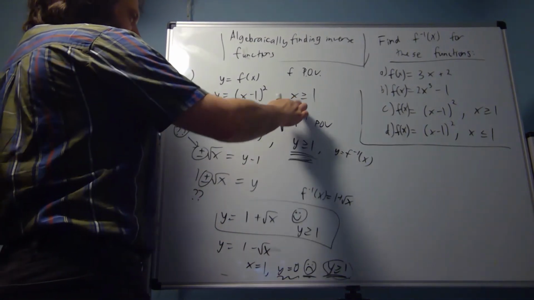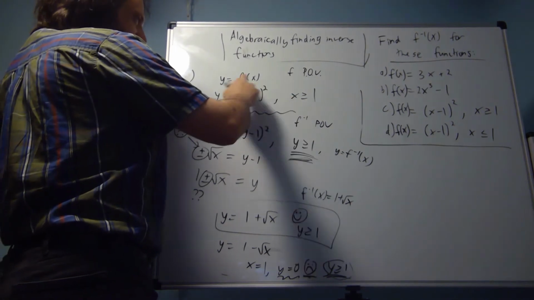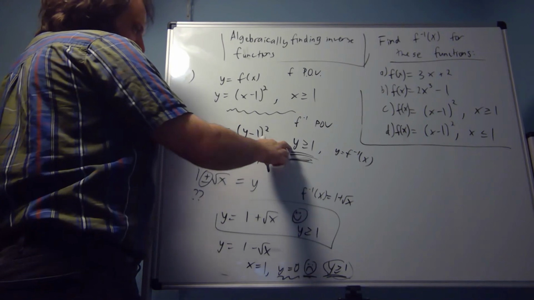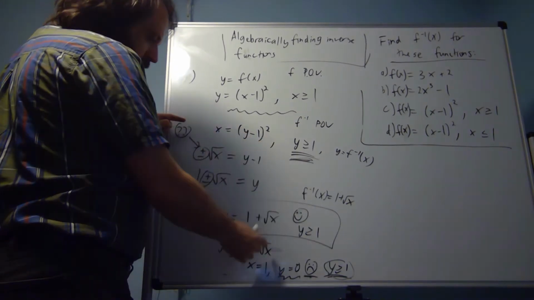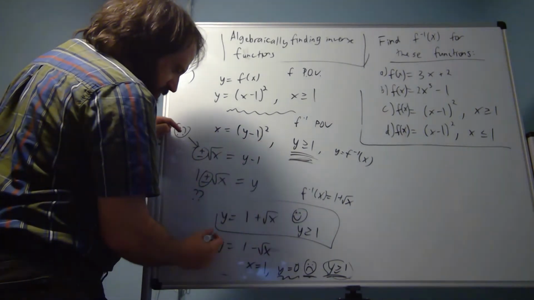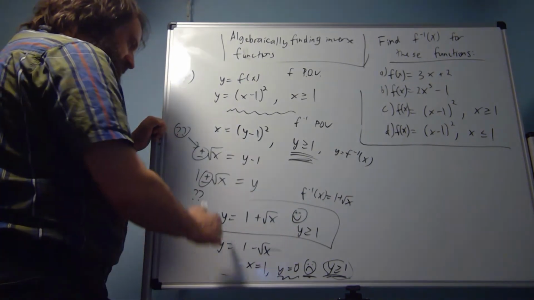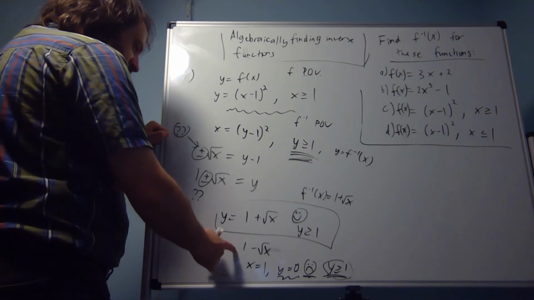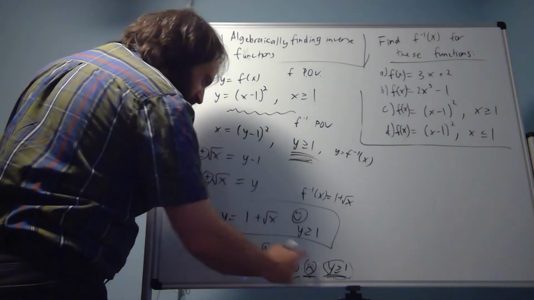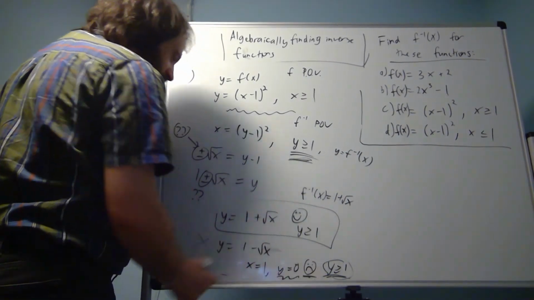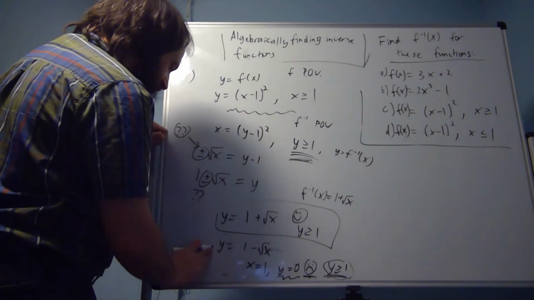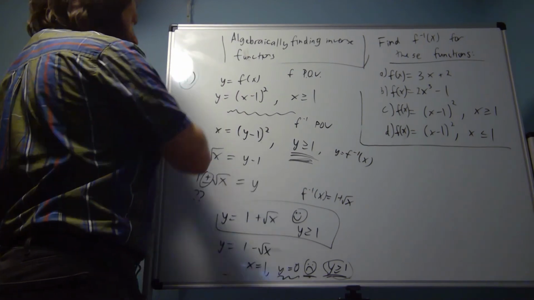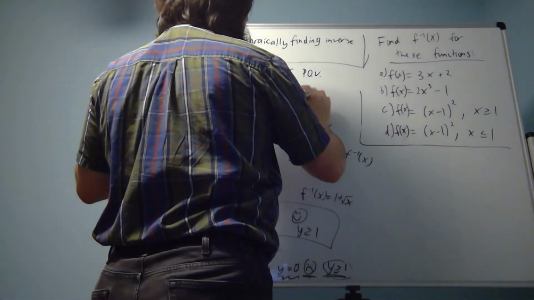Yeah, in problem C, x had to be greater than or equal to 1 for the original function f, which means for the f inverse function, the y's have to be bigger than or equal to 1, which means that this negative square root didn't work because when you plug in x values, you get y's that aren't as big as they're supposed to be, but for plus, everything is fine. Now we're going to get kind of the opposite. So let's change it to problem D.